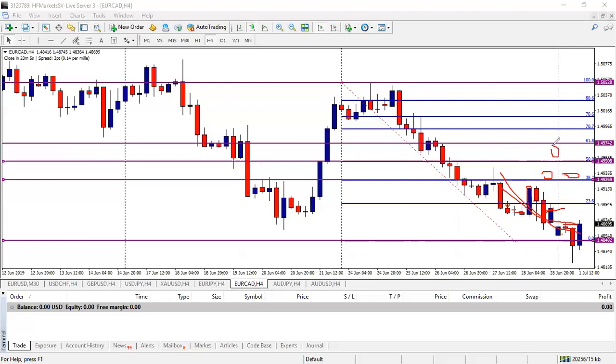In fact, if you want to buy without any risk, you have to start buying when price has closed above the 61.8 zone, when all the candlesticks forming are showing you higher highs, closing above the 61.8 zone.